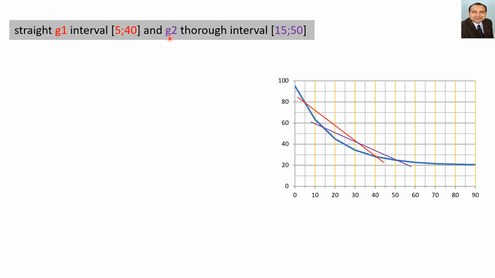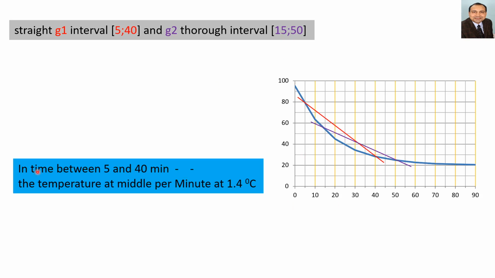The other straight line is 15 to 50. In the time between 5 and 40 minutes, the temperature decreases, the temperature at the middle, which means average.